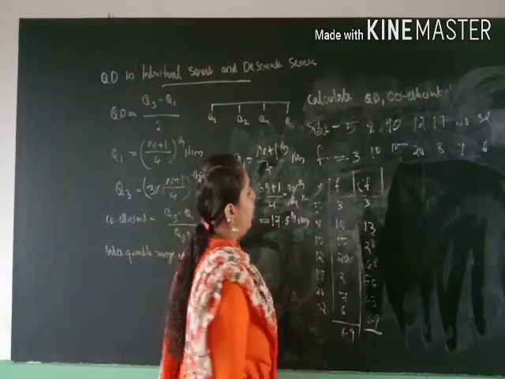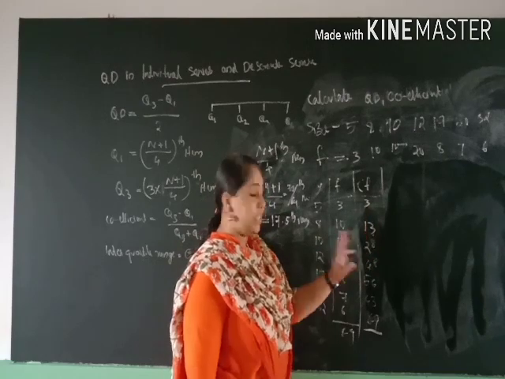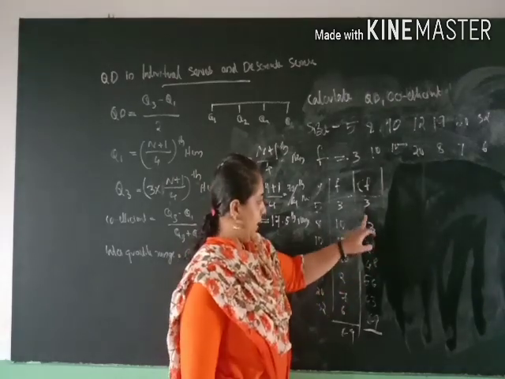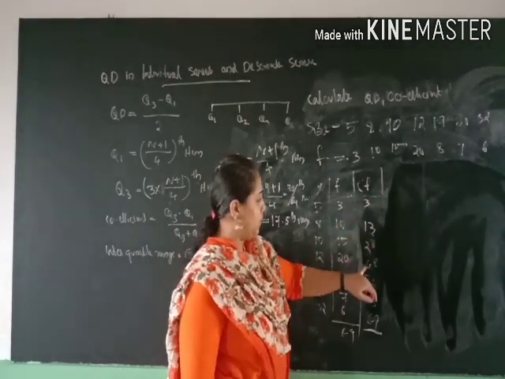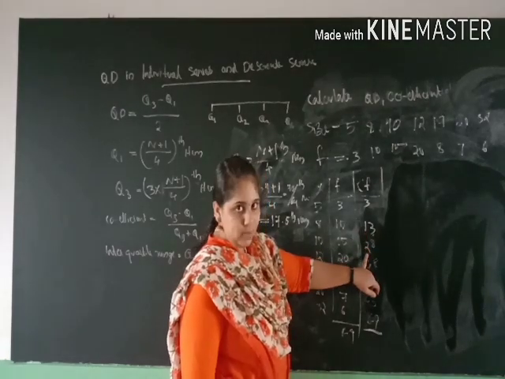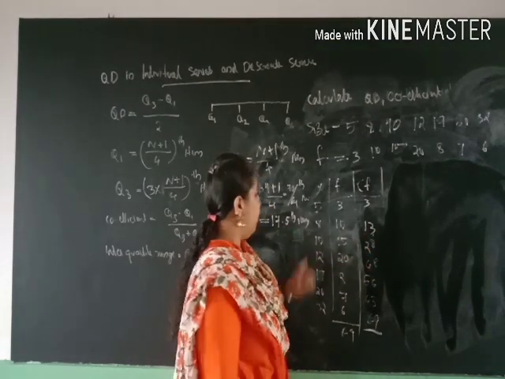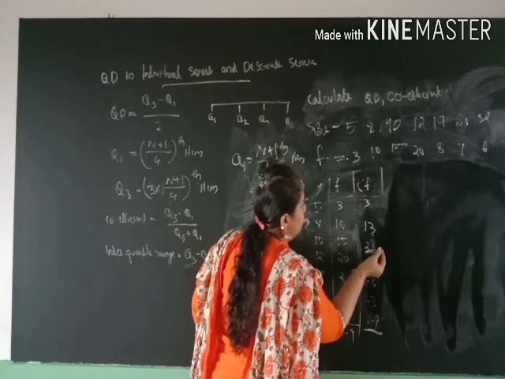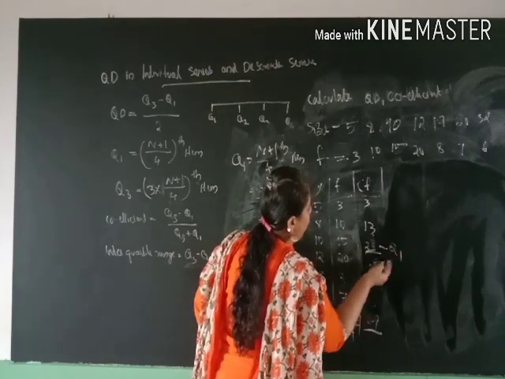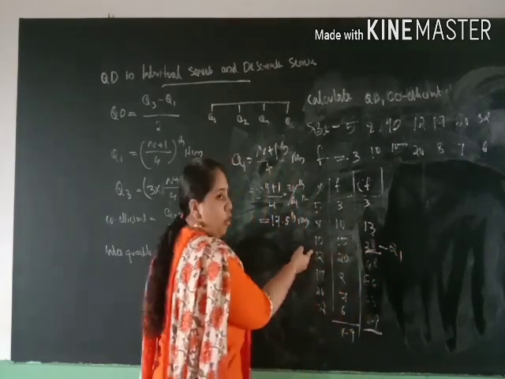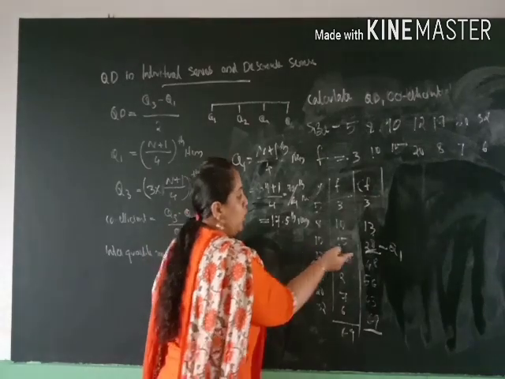So we want to check where the 17.5 falls in the cumulative frequency. Here 13, next is 28. So 17.5 will be here. This is Q1. So the corresponding value of X will be taken as Q1.